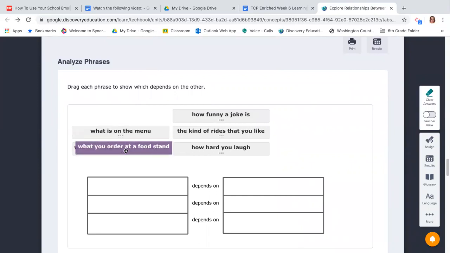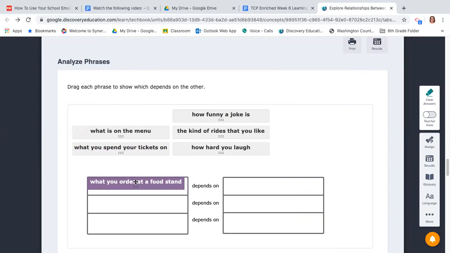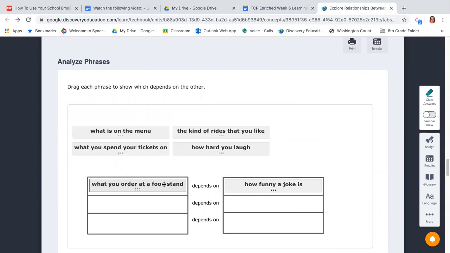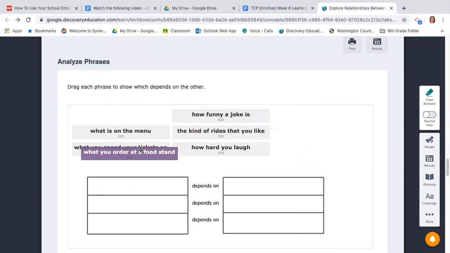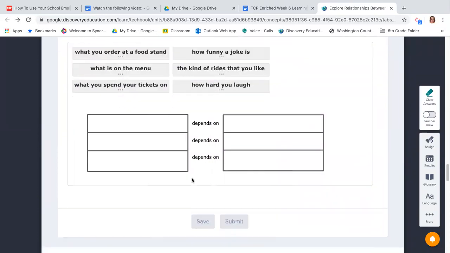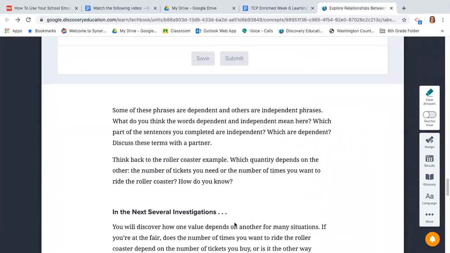So what you order at a food stand depends on, and then you will have to bring down the one that you think is right. For example, what you order at a food stand depends on how funny a joke is. Yeah, no way, that doesn't work. So make sure that your equations and your sentences make sense. Once you're done, you're going to hit submit.